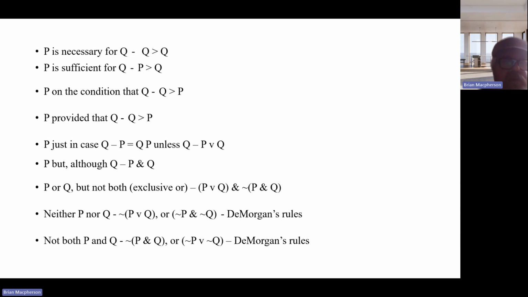So P or Q but not both is P wedge Q, parentheses, and not P and Q. Intuitively, it means P or Q, but not both P and Q. So that's the exclusive or. Neither P nor Q can be translated as not, parentheses, P or Q, or as not P and not Q. That's the application of what are called De Morgan's rules. We'll talk about those maybe next week.